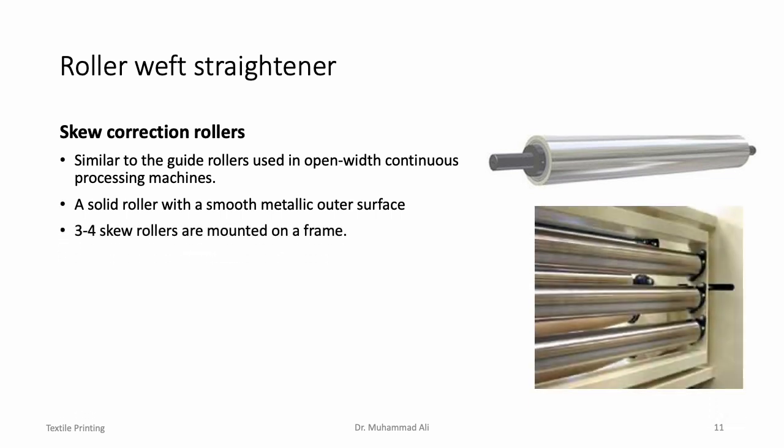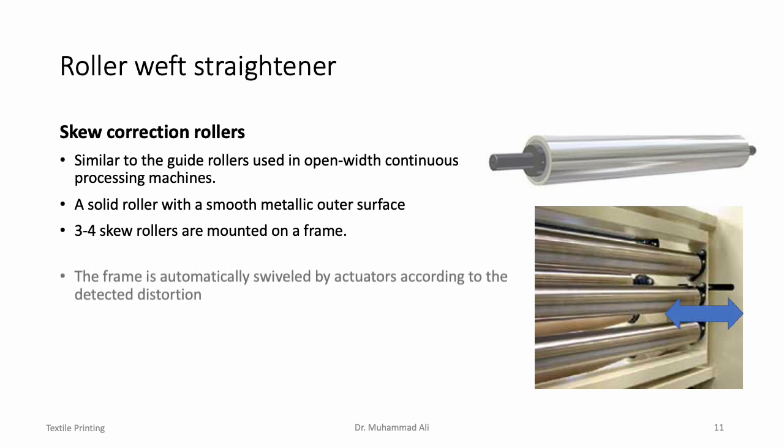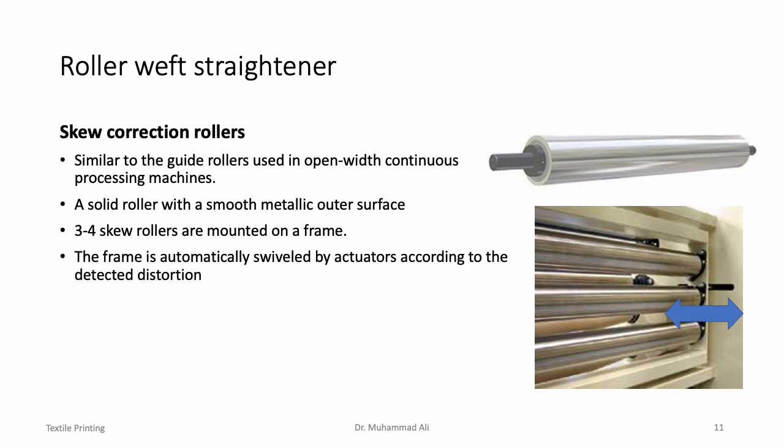In a weft straightener, multiple such rollers are mounted on a frame. And this frame can be tilted with the help of actuators. Once again, the tilting of this frame on which these skew correction rollers are mounted is done automatically by the machine controls based on the signals that they receive from the sensors.